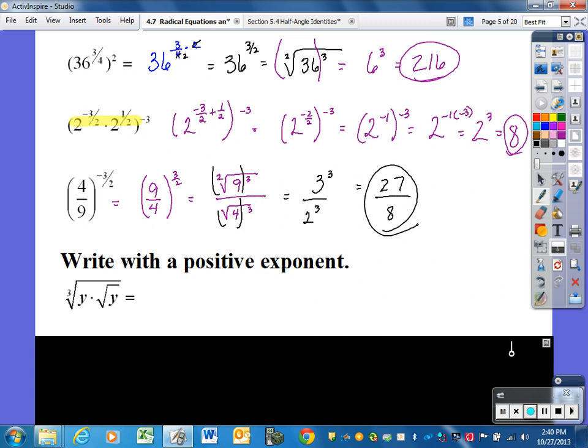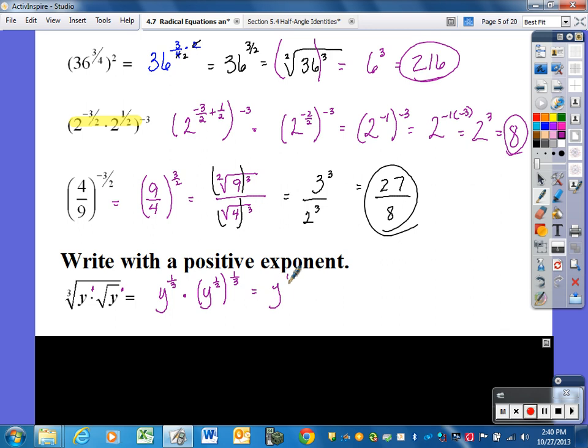Write with a positive exponent. So they want us to go back to exponential. Well, this is y, power is 1. So I have y to the 1/3 times, here I have y to the 1/2. But that is also under the cube root, so that would also be 1/3 power.